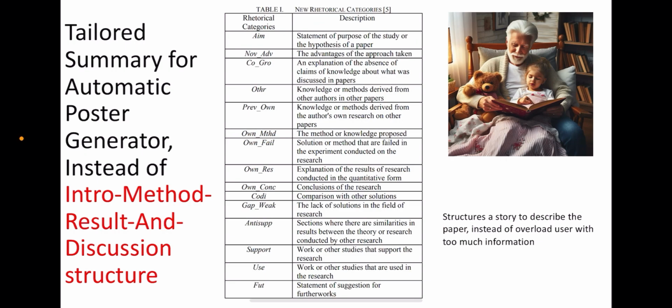I really like this structure because they call it the new rhetoric categories. They are trying to tell the story of the scientific paper instead of just using the intro, method, result and discussion structure. For example, for the aim, they have a statement of purpose or the hypothesis of the purpose.